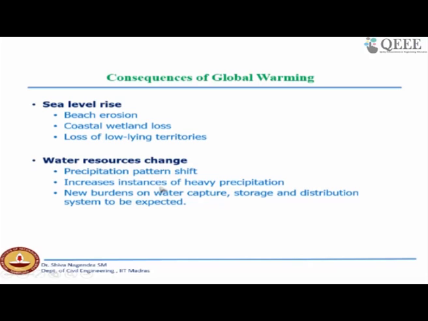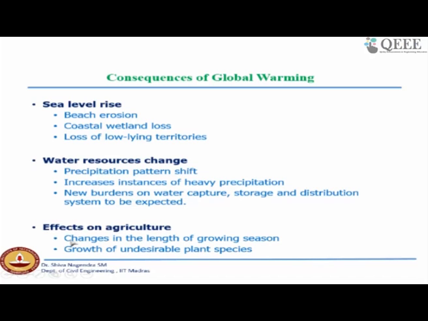Increased instances of heavy precipitation, for example the Chennai flood and flood in Mumbai, can also be linked with climate change aspects. New burdens on water capture, storage and distribution systems can be expected.